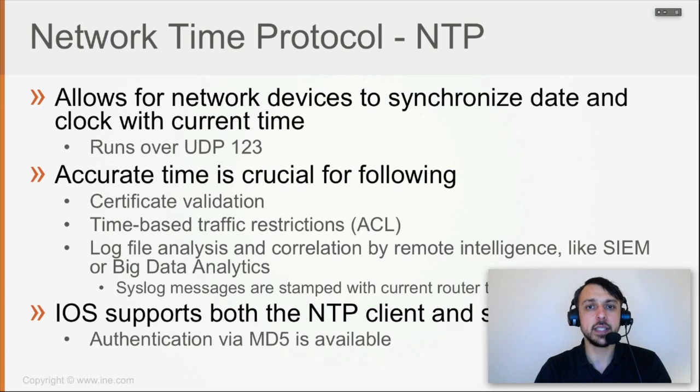So a stratum level defines the accuracy of a time source. And the lower the stratum level, like 0 or 1, it means that the more accurate the time source is.